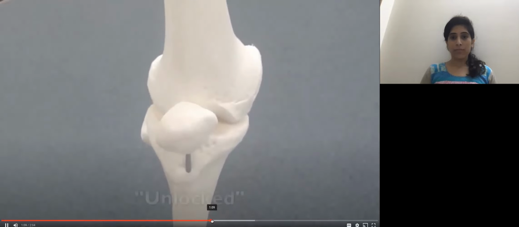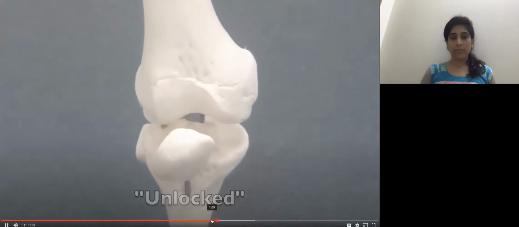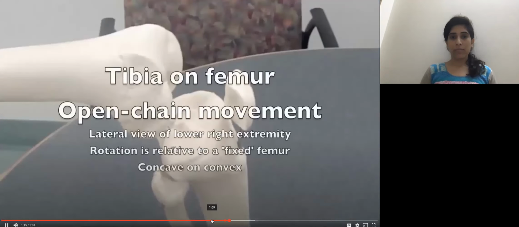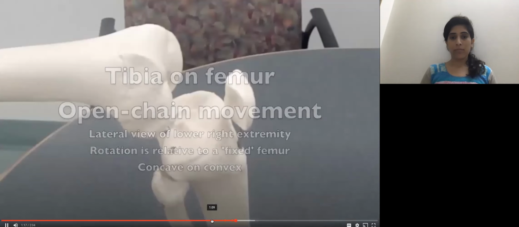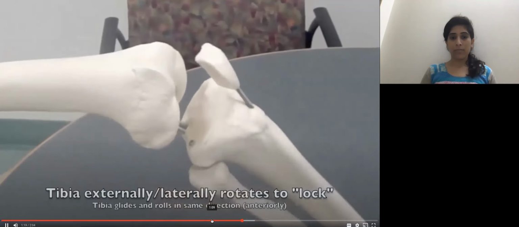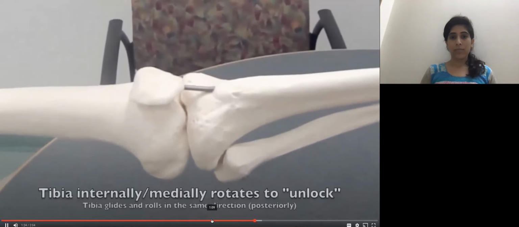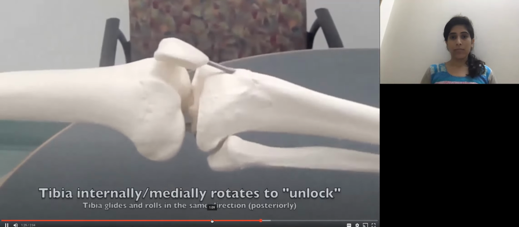Locked. Unlocked. Tibia on femur, open chain movement, lateral view. Tibia externally, laterally rotates to lock. Tibia internally, medially rotates to unlock.